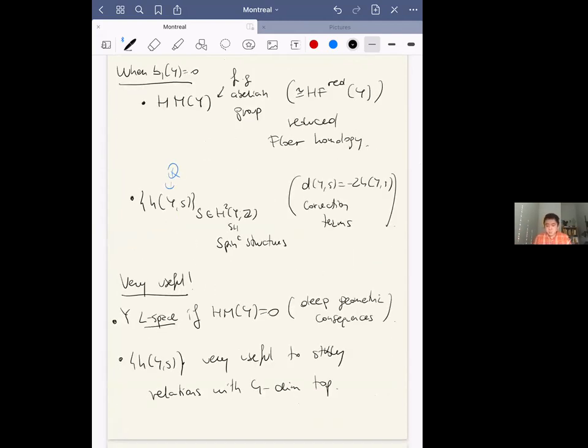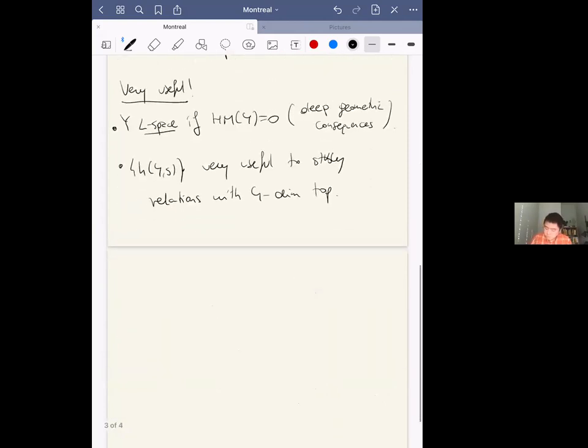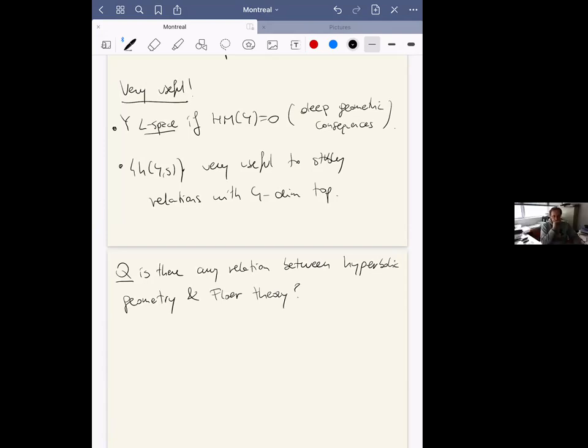A very natural question that one might ask, and this is the question we've been trying to address, is whether there is any relation between hyperbolic geometry and Floer theory?